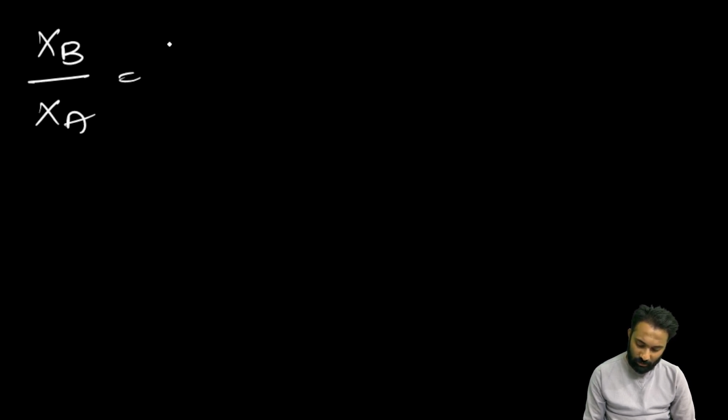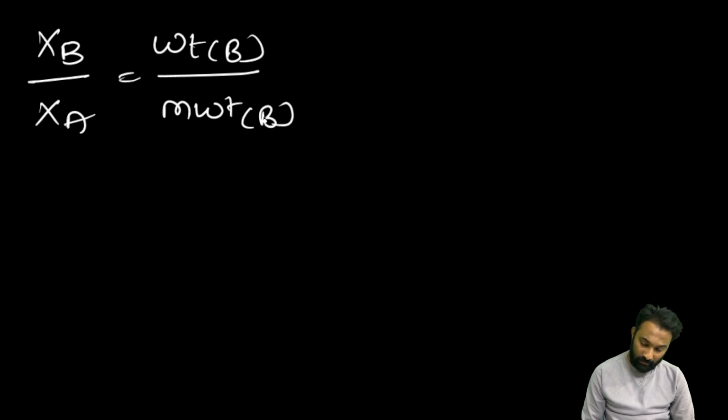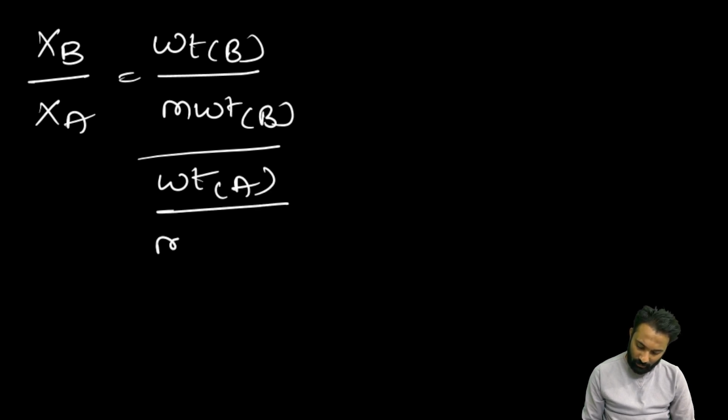Now we'll see. Here, chi B by chi A is equal to number of moles of solute, which is weight of solute by molecular weight of solute, by number of moles of solvent, which is weight of solvent by molecular weight of solvent.